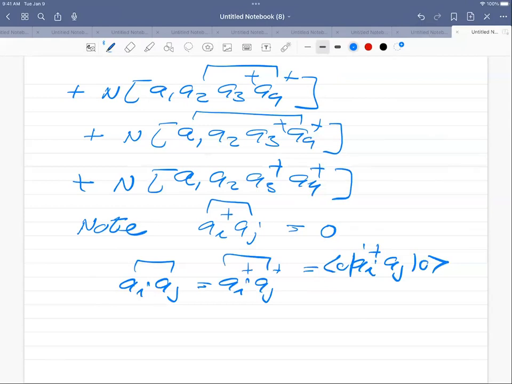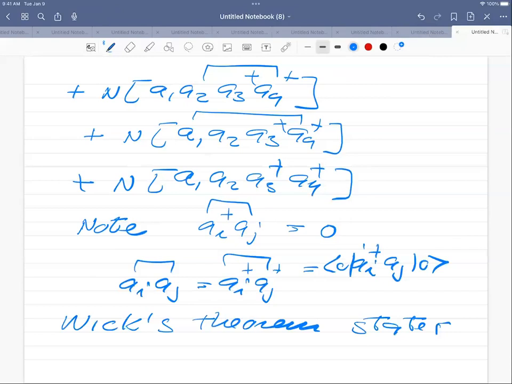But you could now think of you running through all possible contractions. And that is Wick's theorem, which we will state after the break, and then we will prove it. I hope that these simple examples here can help in seeing how the theorem actually comes through and why it has this specific form.